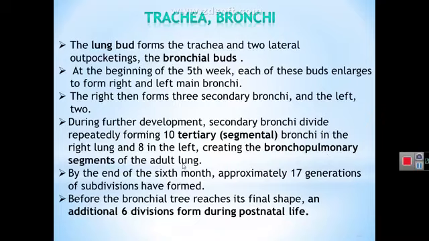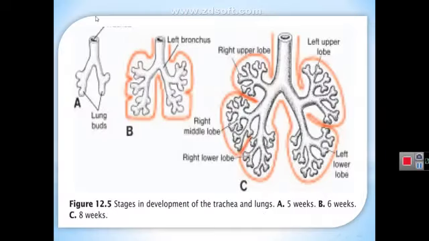By the end of the 6th month, approximately 17 generations of subdivision are formed. Before the bronchial tree reaches its final shape, an additional 6 divisions form during postnatal life.